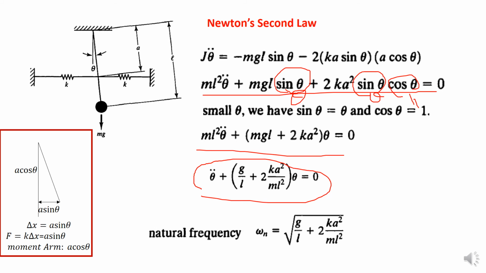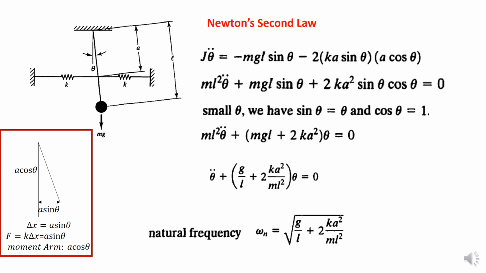Our natural frequency will be defined by the square root of g over L plus 2K A2 over M L2. So we can change the spring stiffness or the length to change our natural frequency.